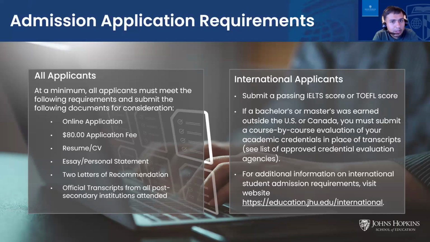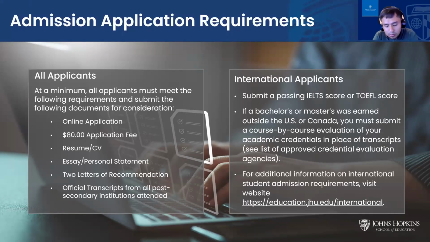And then additionally, we also require a course by course evaluation of your academic credential work. Typically this is through one of the approved agencies, such as WES, ECE, Spantran, which now I believe has a different name. There are about 4 or 5 agencies that we take a course by course evaluation from.